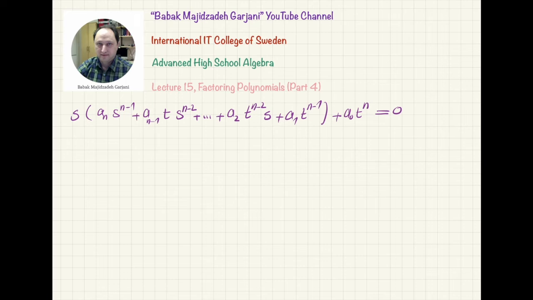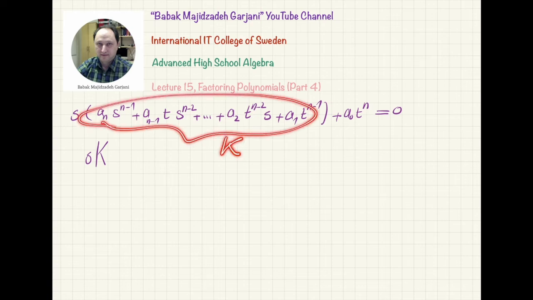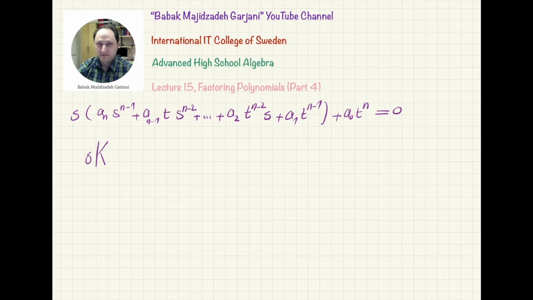For example, let me call this expression capital K. So then it becomes s times capital K plus a_0 t^n equals 0. So what I can conclude from here is that s K is equal to negative a_0 t^n.